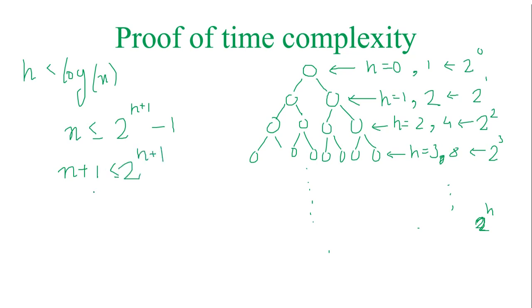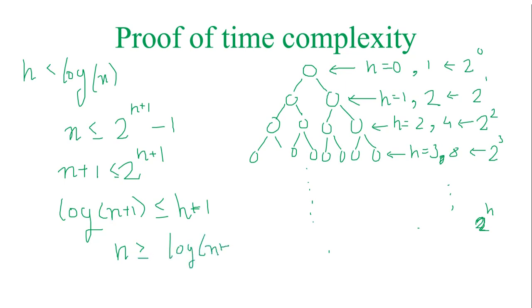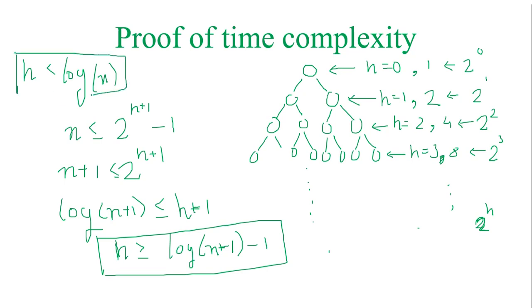I will take log base 2 on both sides, so it will become log of n plus 1 less than or equal to h plus 1. Taking 1 to that side, it will become h is greater than or equal to log base 2 of n plus 1 minus 1. So this is the lower bound of h, and we had the upper bound of h.